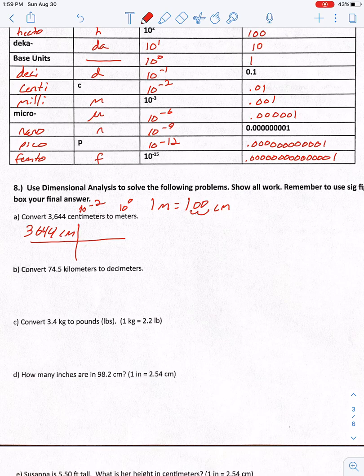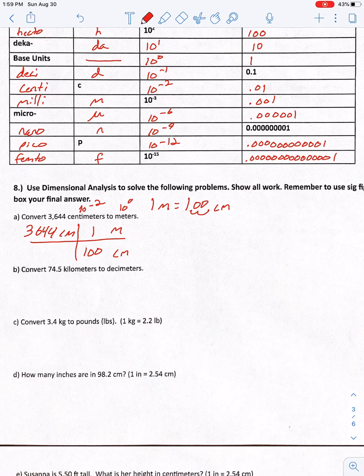Now I can go back to my conversion. So centimeters is on top, so centimeters has to be on bottom here for those units to cancel out. That has to be your first thing. So you see how I'm not even putting numbers first, I'm just doing units. Then I'm going to put meters up here because I'm trying to go from centimeters to meters. So I know 100 centimeters equals 1 meter.